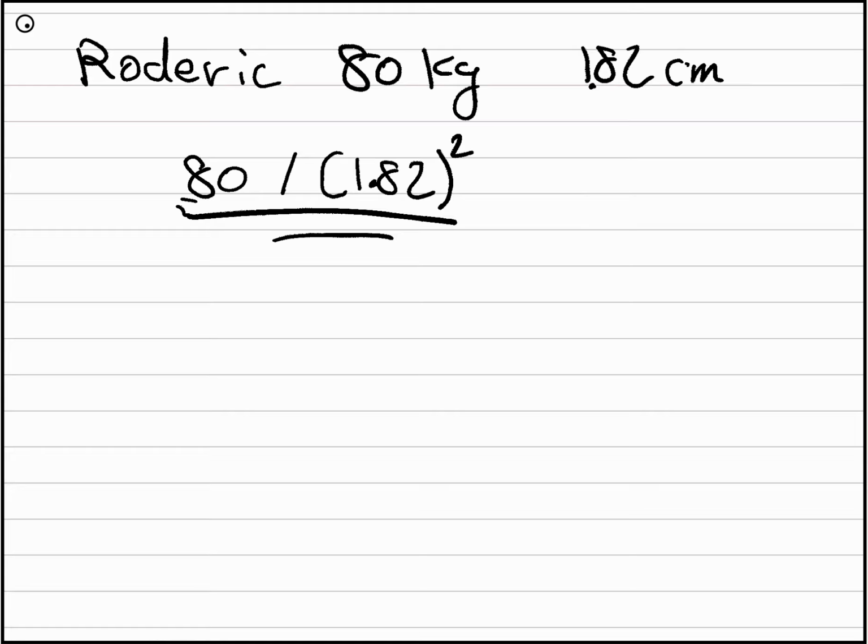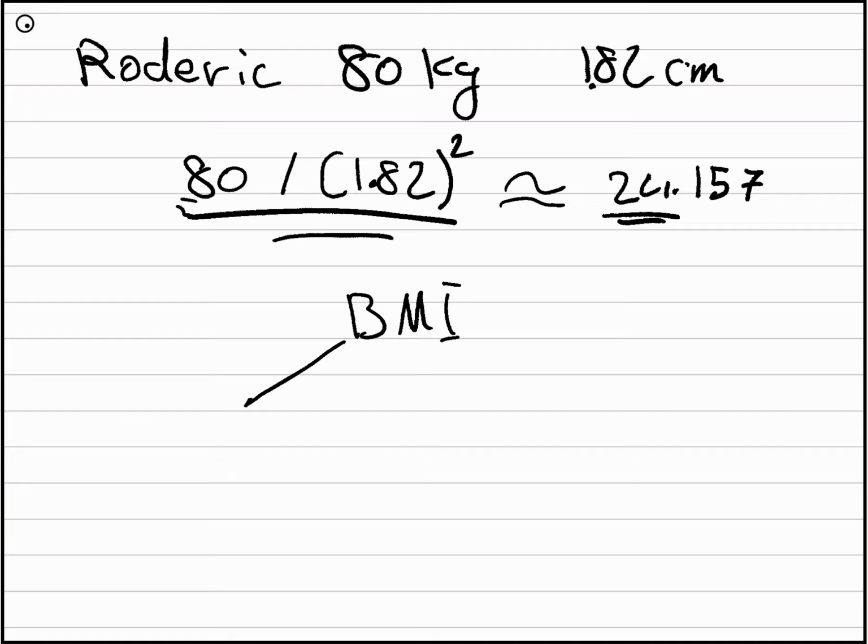It approximates to 24.157, so essentially 24. The way BMI works in terms of healthy versus unhealthy: a BMI of less than 18.5, I believe, is considered underweight.